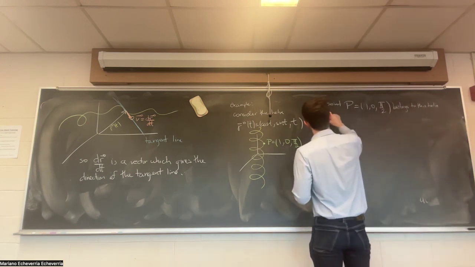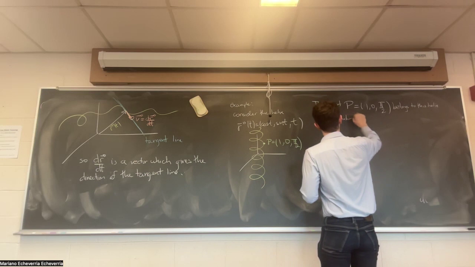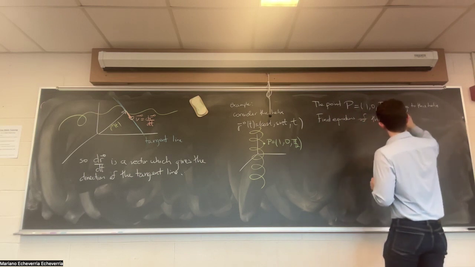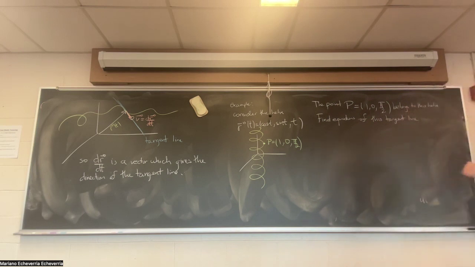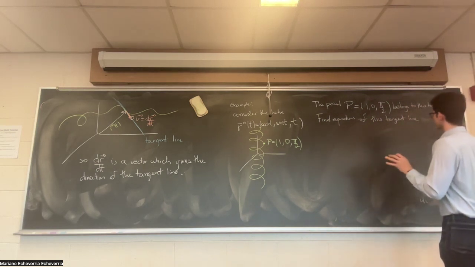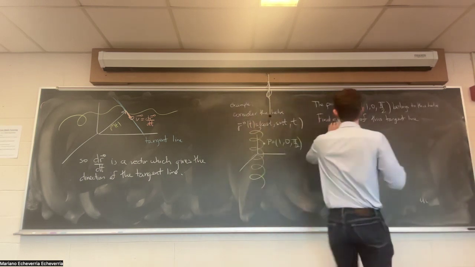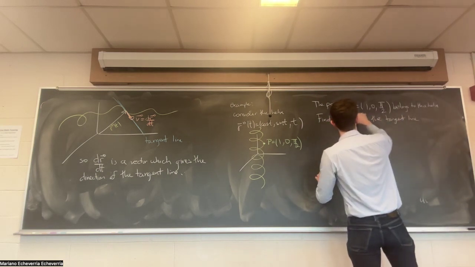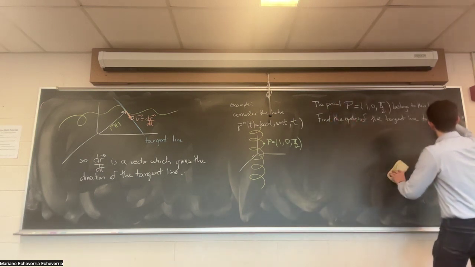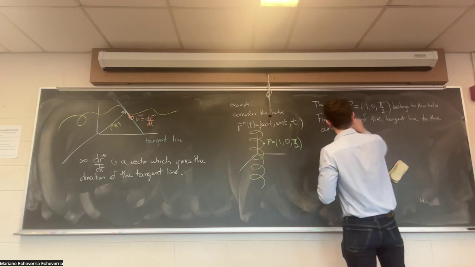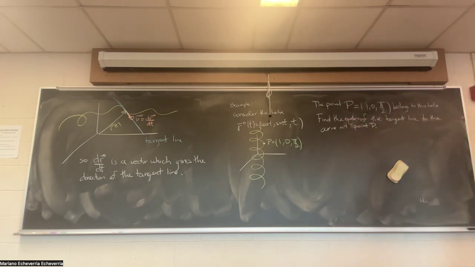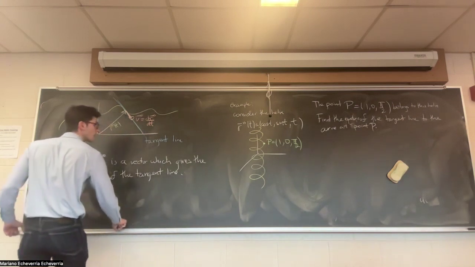Find the equations of the tangent line to this curve at the point P. So what I'm trying to say is that there's a tangent line to the curve that passes through this point.